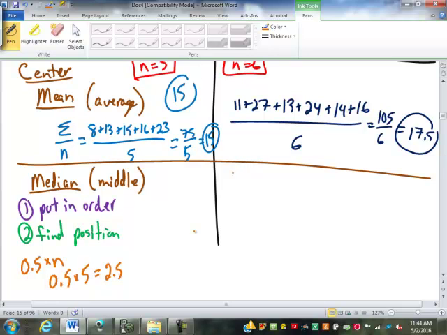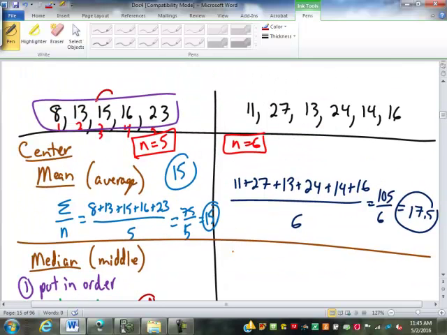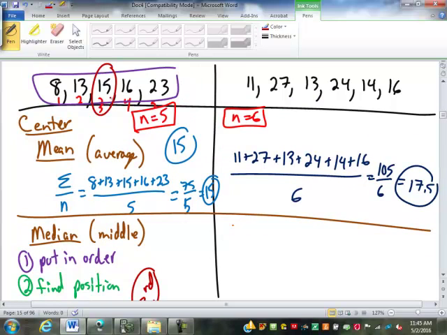That gives us 2.5. Whenever we have a decimal in this number, 0.5 would be our decimal, we round up. So the third number in our list is going to be our median. So we look up here, the third number in our list is 15. So the median of that data set is 15.